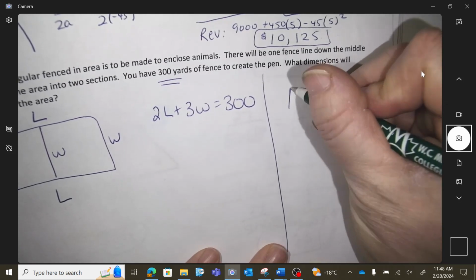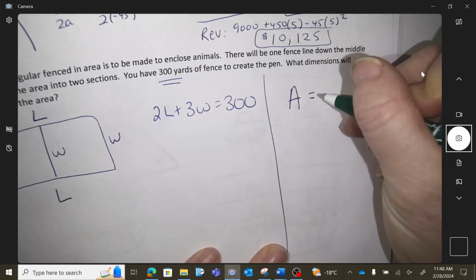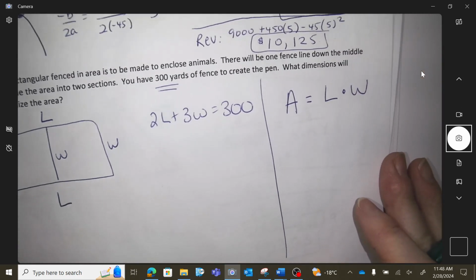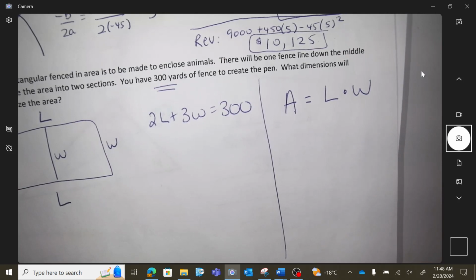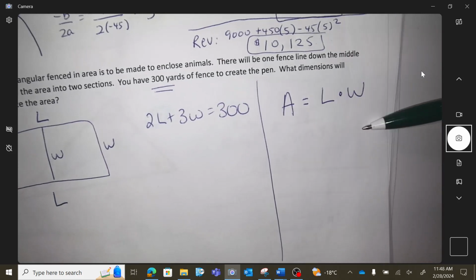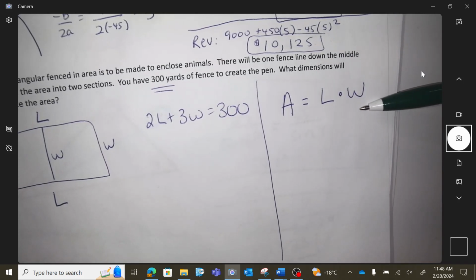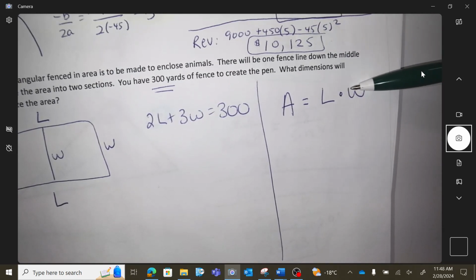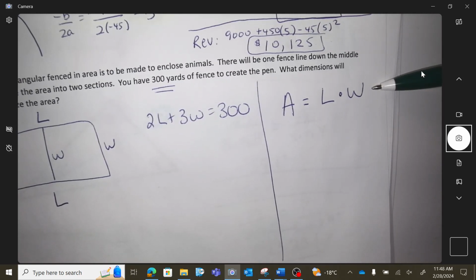So we're going to have to talk about the area of a rectangle. So this is going to have to be a quadratic because area is squared. Quadratics are x squareds. This is going to be a quadratic, but you can't have stuff going on with 2 different letters.